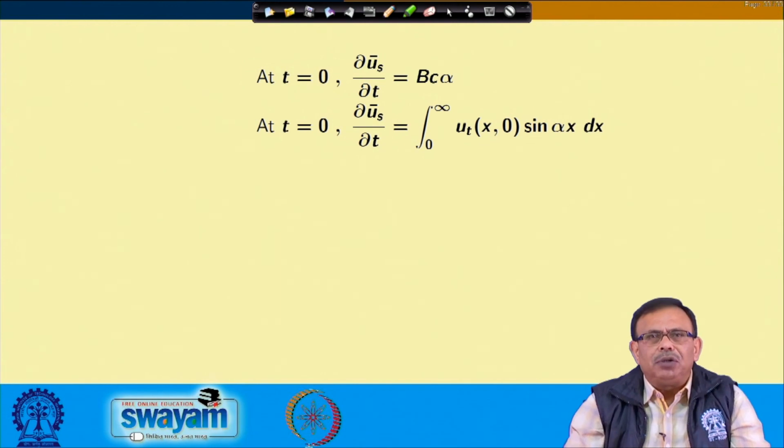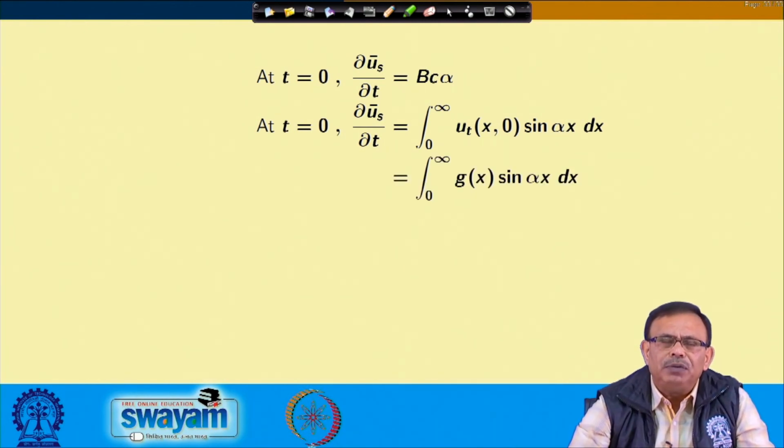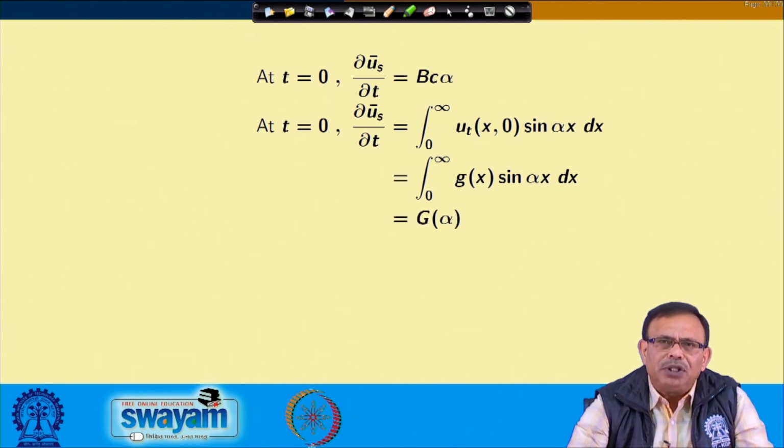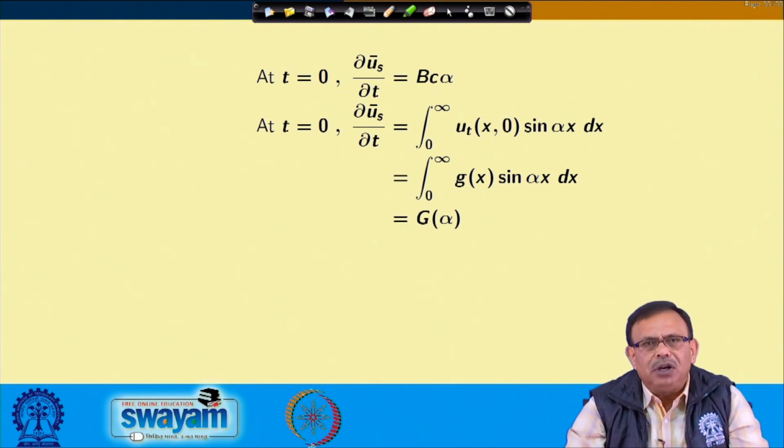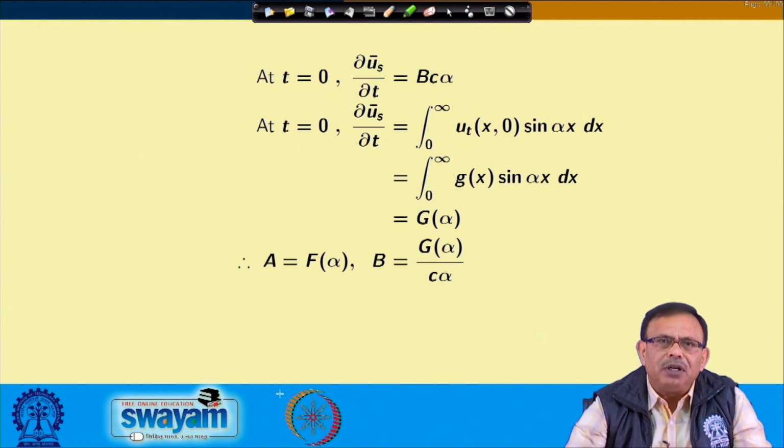It is nothing but the integral 0 to infinity u_t(x,0) sin alpha x, because this is the Fourier sine transform of u_t(x,0), and I know the value of u_t(x,0), that is g(x). So, I can write it as the integral 0 to infinity g(x) sin alpha x dx, which is nothing but capital G of alpha, where capital G of alpha is the Fourier sine transform of g(x). So, I obtained a and b in terms of the Fourier sine transform of f(x) and the Fourier sine transform of g(x).